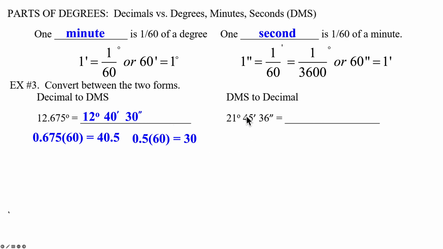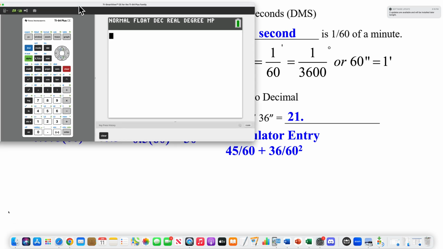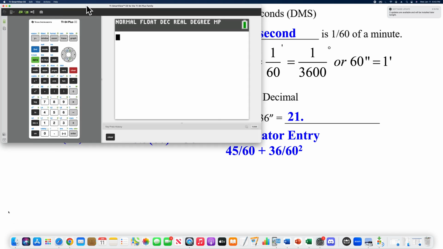To go from degrees, minutes, and seconds to a decimal degree, the 21 degrees is your whole number on your decimal. You need a calculator here for the rest of this. So here's your calculator entry, and I'll bring my calculator over onto the screen so we can work it out together.